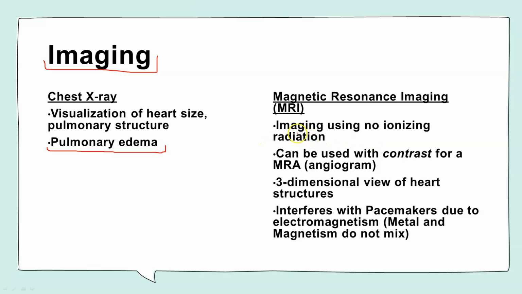MRIs, again, we can use imaging using no ionizing radiation. It can be used with contrast for an MRA, so the angiograms. It gives you a 3D picture of the heart. Just be careful, don't wear anything metal when you're going to something called magnetic resonance imaging.